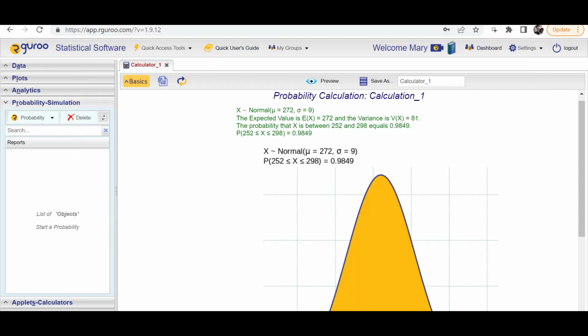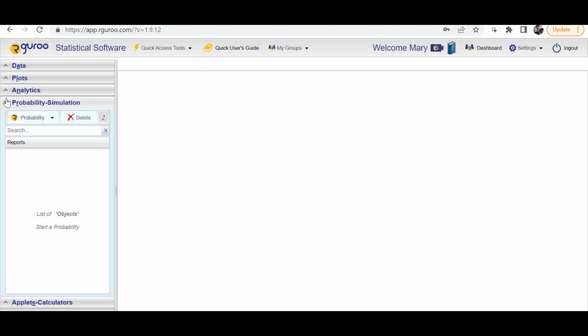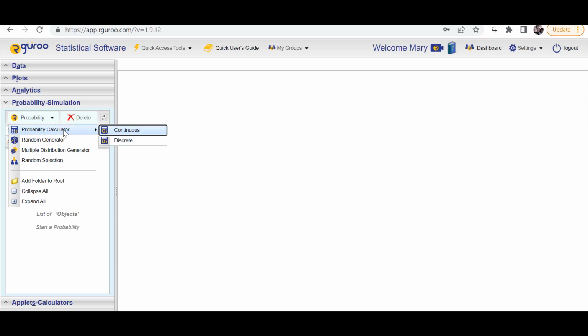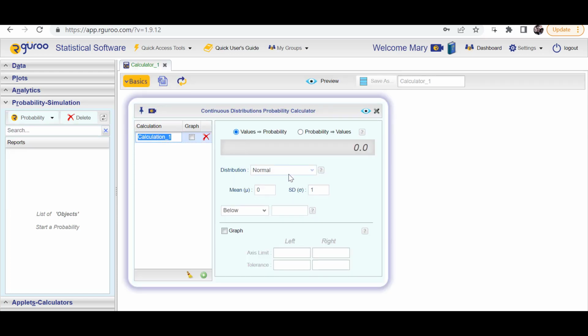So let's go to our probability simulation calculator and click on the probability simulation tab. Click on probability drop down, probability calculator, click continuous. Normal distribution, we're going values to probability. The mean was 80.5. And the standard deviation was 9.9.